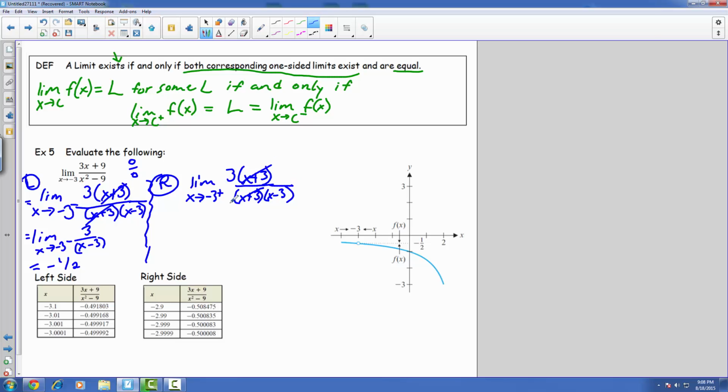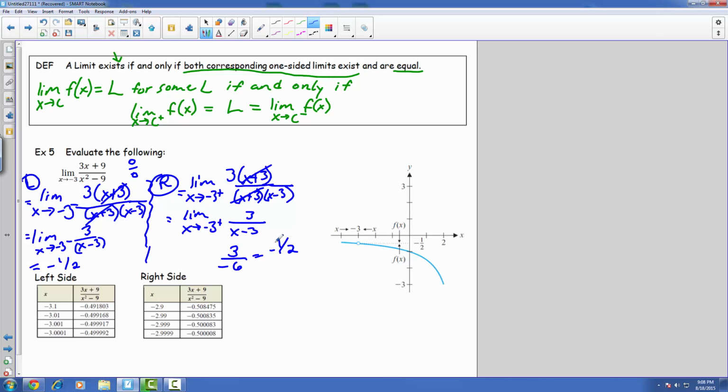X plus 3's end up canceling out. We're then left with the limit as x approaches -3 from the right of 3 on top over x minus 3. And if you were to plug in -3, even though it has that little plus sign, doesn't really matter or affect things too much when we're talking about algebraically finding a limit, we end up with 3 over -6, which again comes out to be -1/2.